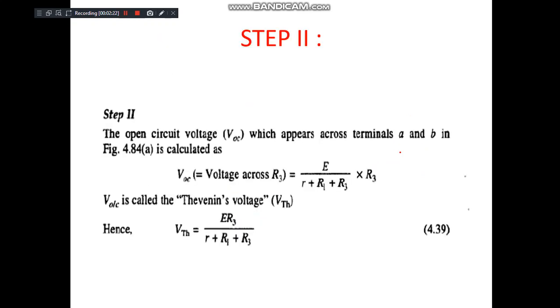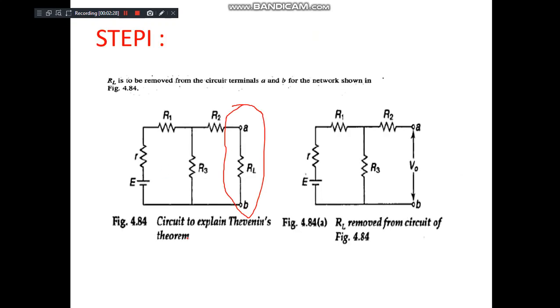The second step is to calculate the open circuit voltage, or Thevenin's voltage. For that, first we have to calculate the total current passing through this circuit. Because if it is open circuited, there is no current in this R2, only current is flowing in this circuit. This is the total supply voltage and these three resistances are connected in series.